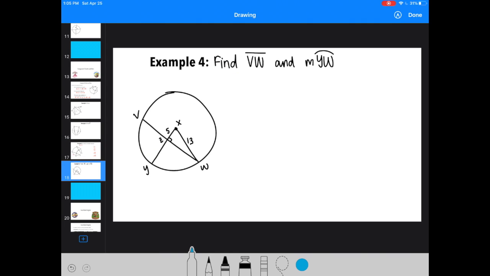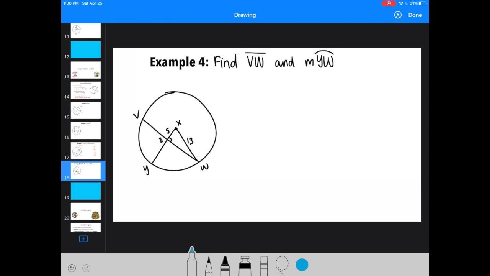All right. Our last example, and this example is a little bit fun because you are bringing back your triangle theorems. So here I am wanting to find the measure of the length of segment VW, and I'm wanting to find the arc measurement of YW.